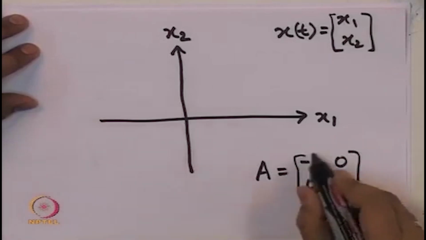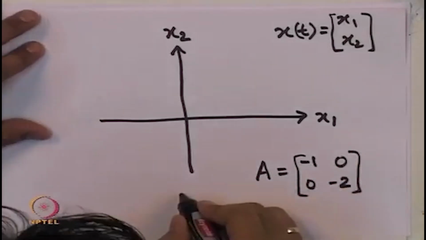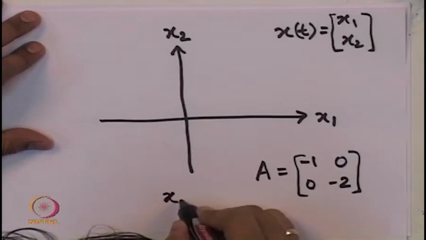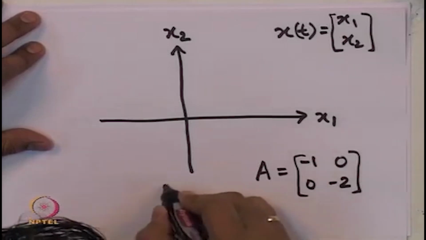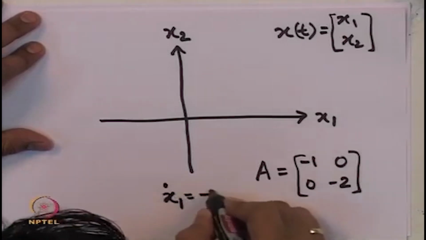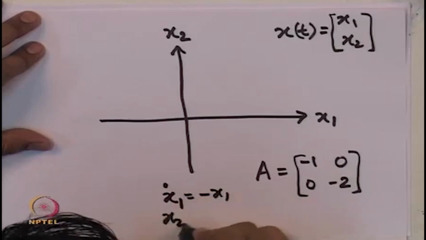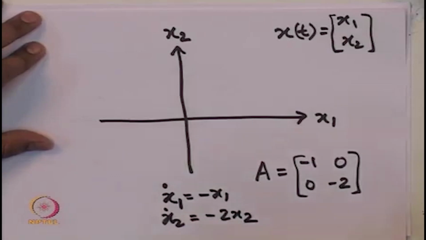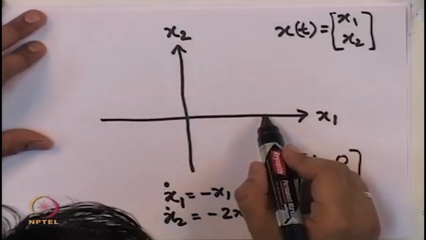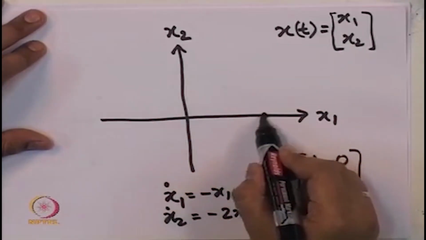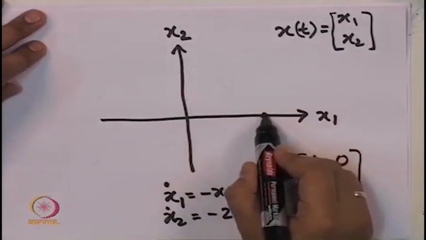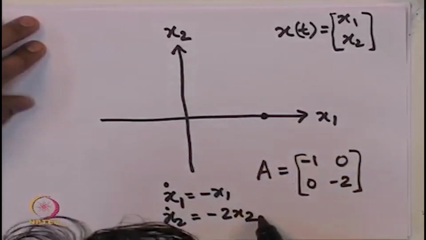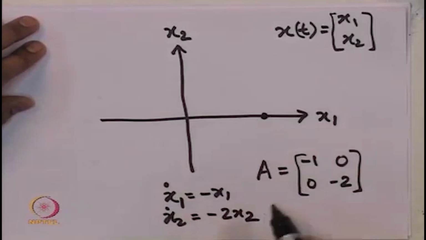So, the differential equation corresponding to this A, because A is diagonal, is a set of two decoupled differential equations. x1 dot is equal to minus x1 and x2 dot equal to minus 2x2. So, we see that if we are along the x1 axis, to be along the x1 axis means x2 component is equal to 0, then x2 always remains 0, it continues to be 0.